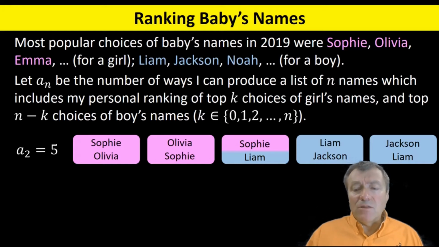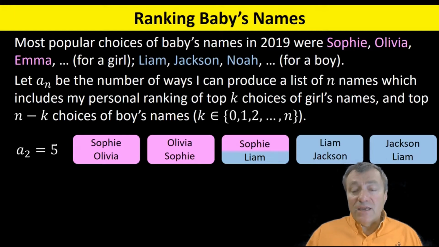Now, in my problem, I'm trying to rank choices of name for a new baby, which hasn't been born yet, and I may or may not know the gender of the baby yet. But let's say I want a list where I rank my personal top choices of name and top choices taken from the top names in last year's poll.